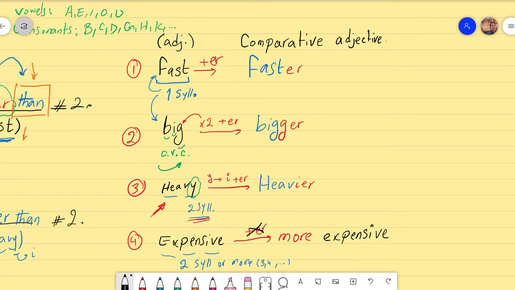Look, we say more expensive. So more goes before expensive. For example, another one, we have beautiful, and we say more beautiful. Good. So for expensive, we say more expensive. The comparative adjective of expensive is more expensive.